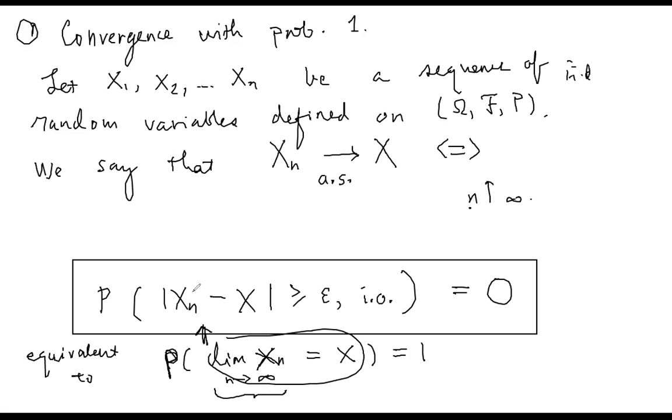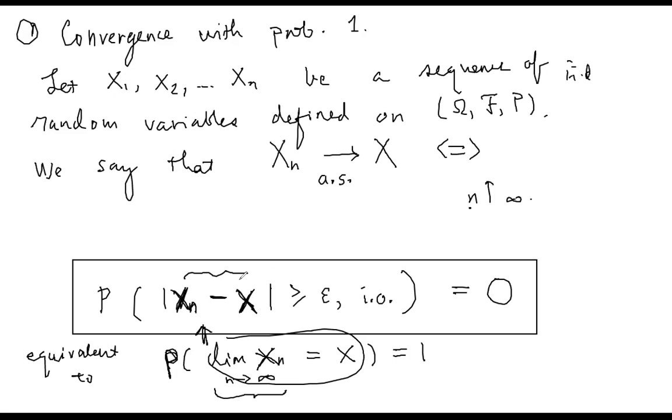It basically says that this Xn, your random variable Xn, as your n increases, gets closer and closer to X. So Xn minus X is the deviation.